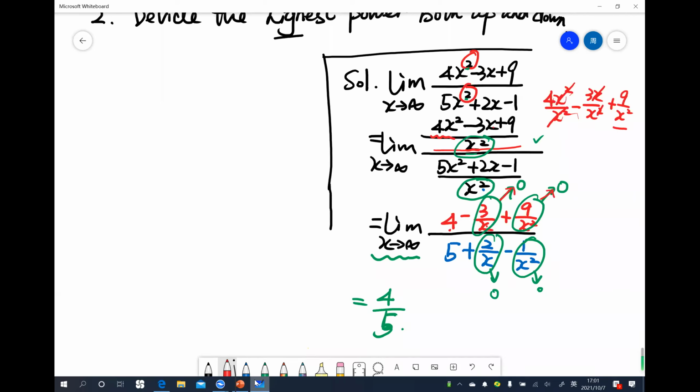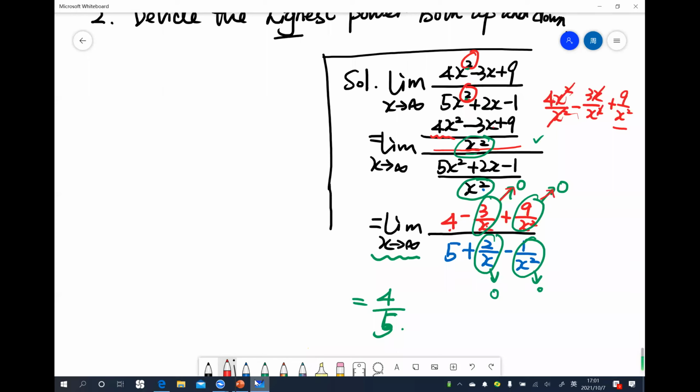So guys, any questions? Okay. So here you will find one skill to solve rational functions. If the numerator and denominator have the same highest power, for example, here the highest power is both 2, right?